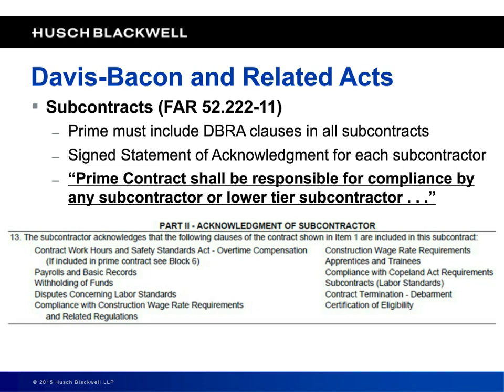You get the privilege of paying twice in some cases for the same work. That's the way the system is designed. So that makes it incumbent upon the prime contractor to do more than merely flow down the clauses. And you can see here the list of the clauses that show up in that Standard Form 1413 statement of acknowledgement. And those are the same clauses that we just spent time talking about.